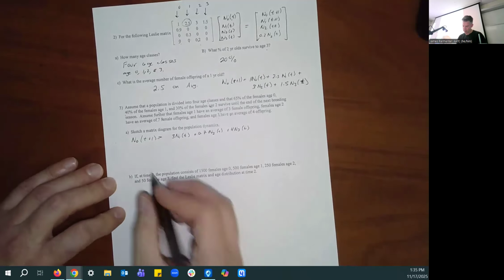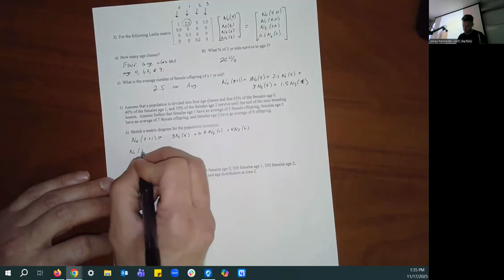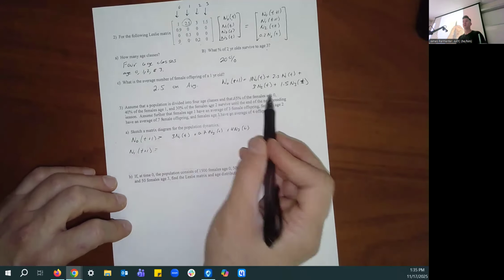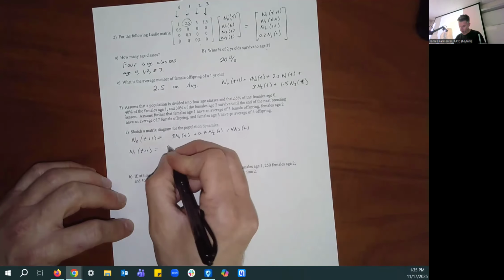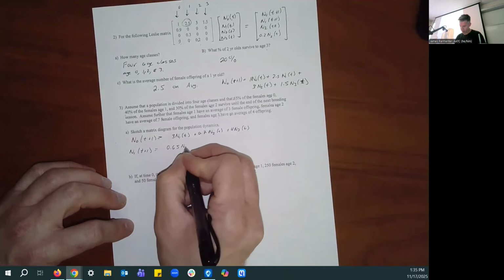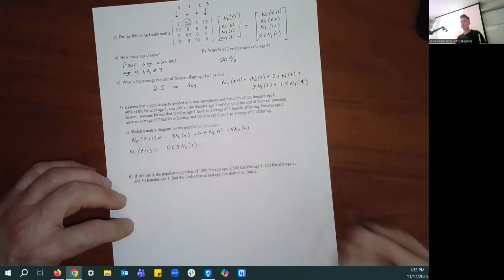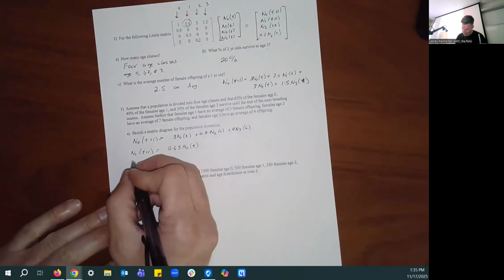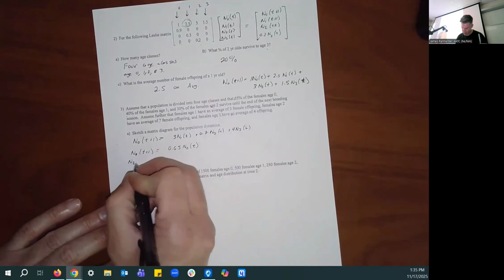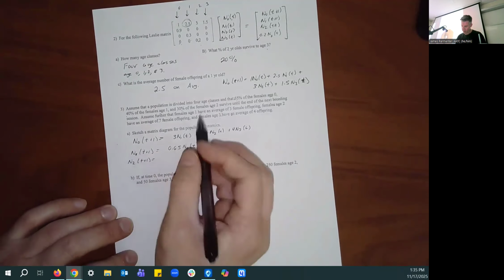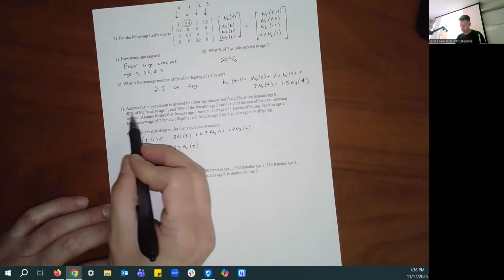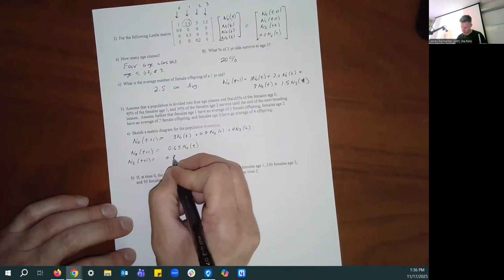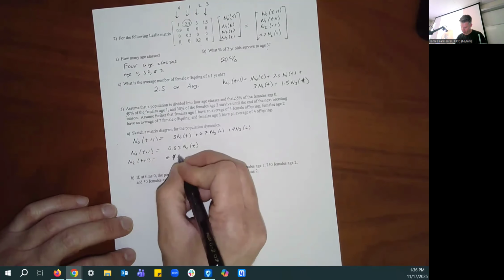We also know that the number of 1-year-olds next year, well, we know that 65% of 0-year-olds survive. So that's going to be 0.65 times the number of 0-year-olds from this year. And then the number of 2-year-olds next year should be, well, let's see, we said that 40% of the females age 1 survive to next year, so that's going to be 0.4 times n1.